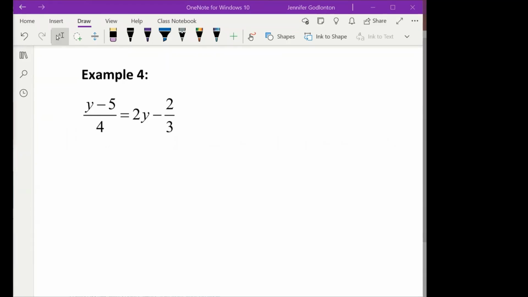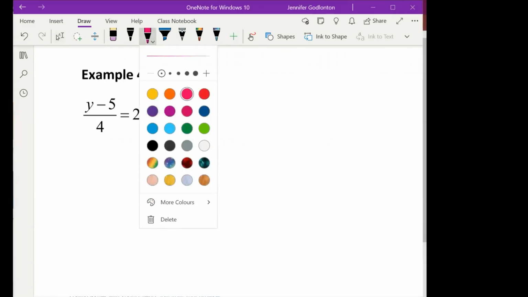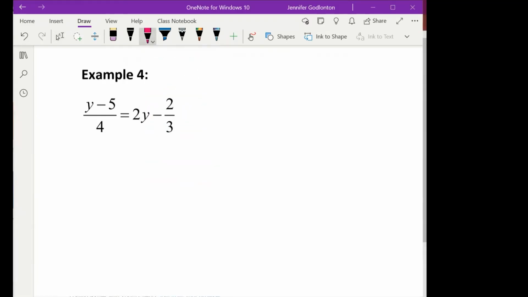Average, take us away. What is the first thing I'm going to do? Okay, the first thing you're gonna do is find the LCD, which is 12. What's the first thing I'm going to do before finding my LCD? You put 2y over 1. And something else? And you multiply 2 over 3.